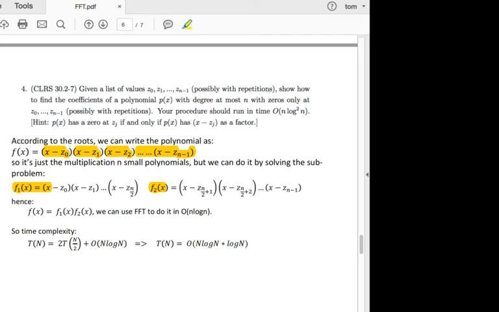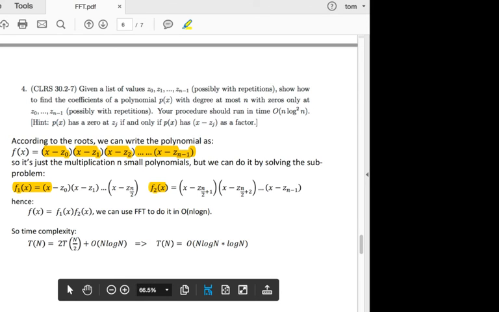So f(x) is just the multiplication of the two polynomials, and for these two polynomials, we can use FFT to do it in O(n log n) time complexity. So the overall time complexity is like this.